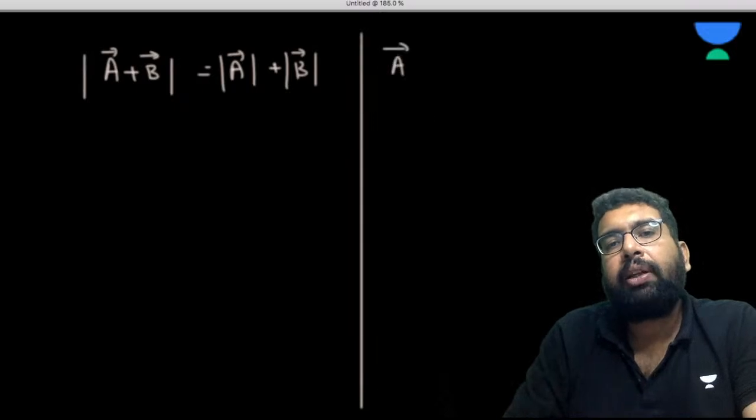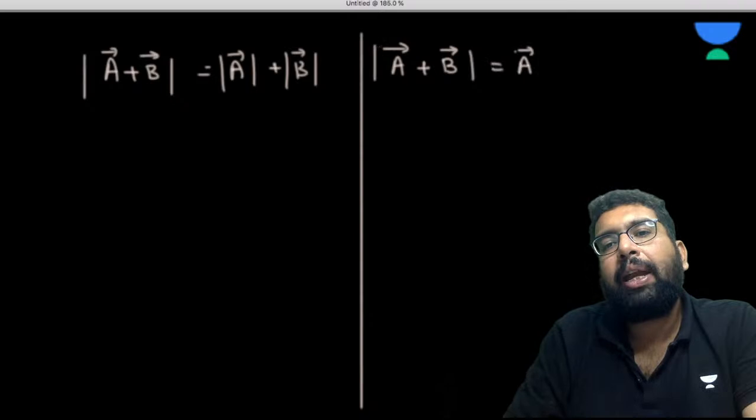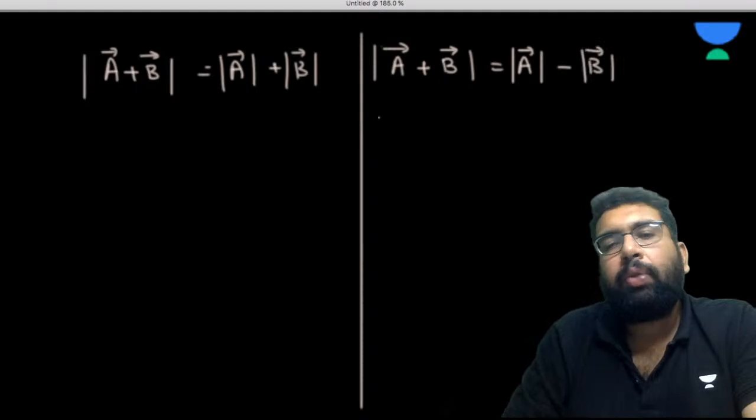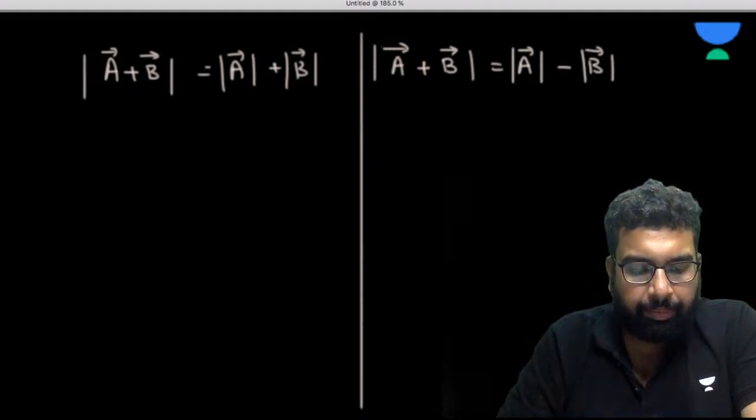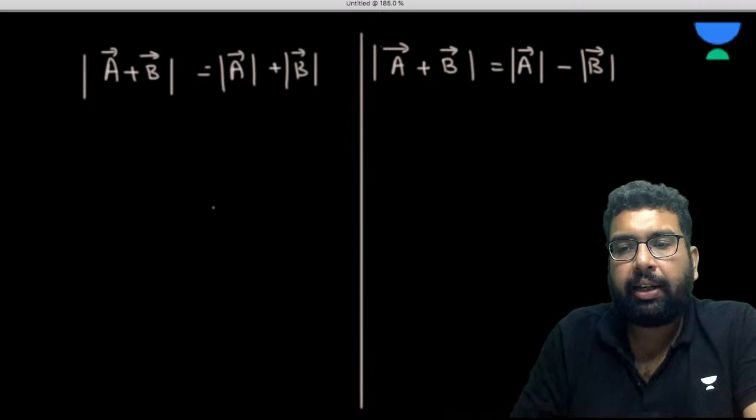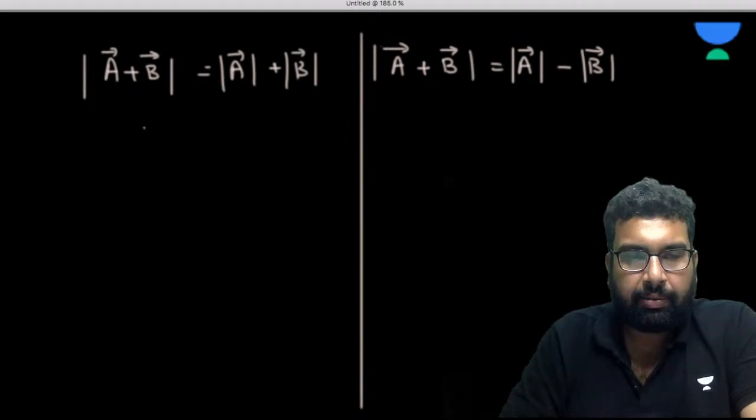And if a plus b vector is added, and this becomes magnitude of a minus magnitude of b, in both the cases what is going to be the angle? Can you tell me that, in the first case and in the second case? Please think before you say anything.